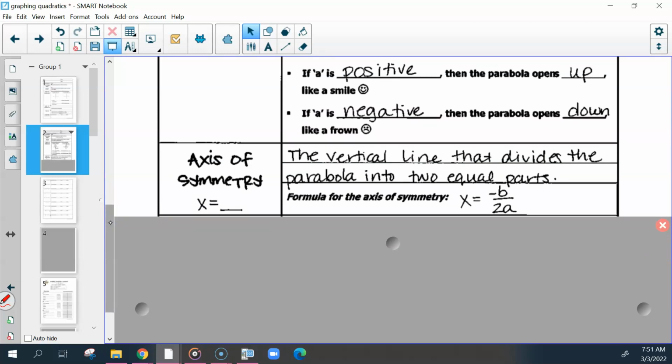When we graph these lines, there will be an axis of symmetry. This is a vertical line that divides the parabola into two equal parts. So we may not actually draw in the axis of symmetry every single time, but whether we draw it or not, we'll be able to see this invisible line that cuts the parabola in half.